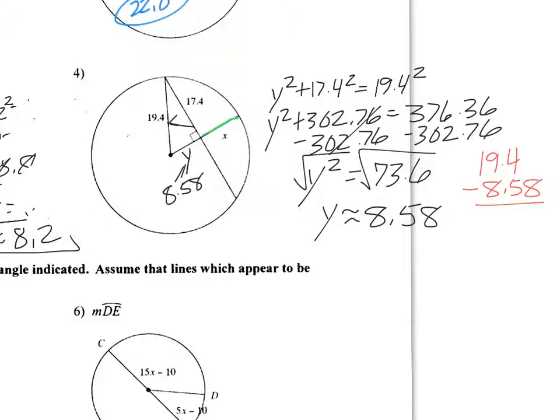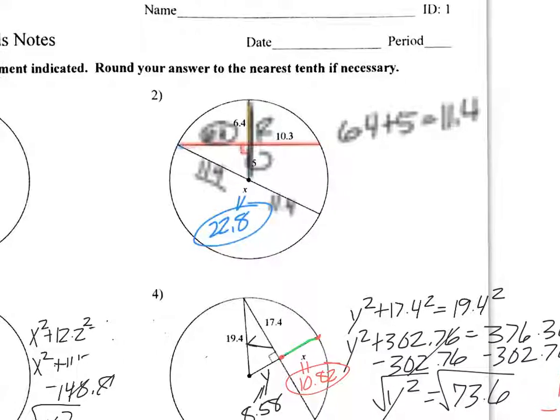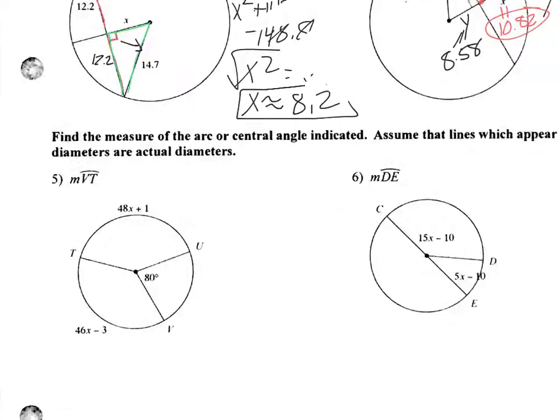So 19.4 minus 8.58, and I get 10.82. So x here is 10.82. That's how far it is from here to here. All right, so some things involved here that you gotta kind of work through. Make sure you set it up correctly.